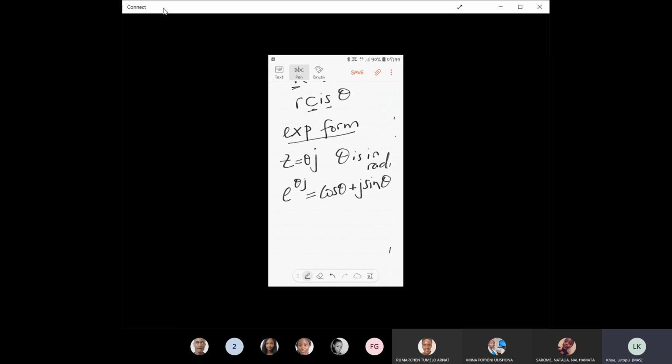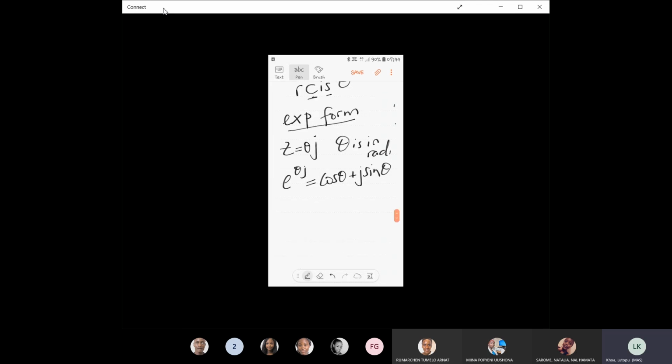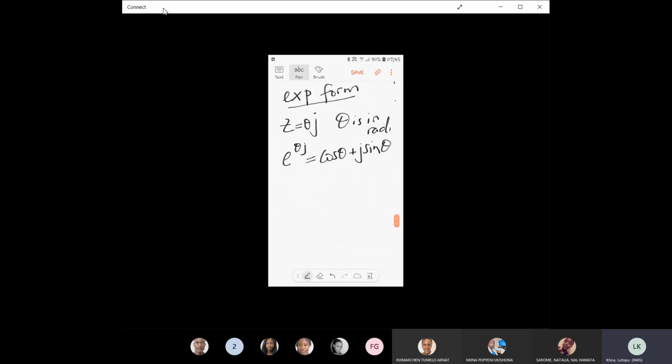Now, if you read the introduction to this chapter, the reason this is true is because of what we call power series. There's a power series expression for e to the power of x, and also for sine x and cos x.